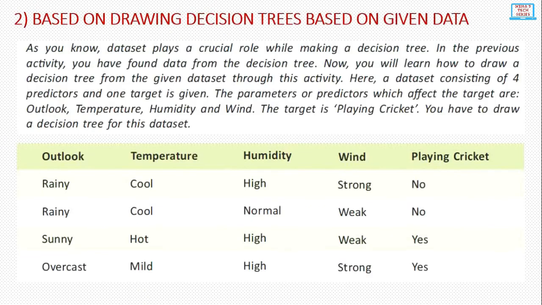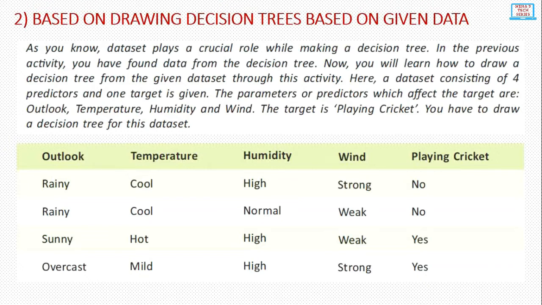The next activity is based on drawing decision trees based on the given data. A data set consisting of 4 predictors and 1 target is given. So the parameters or predictors which affect the target are outlook, temperature, humidity and wind, and the target is playing cricket. So now you have to draw a decision tree for this data set.